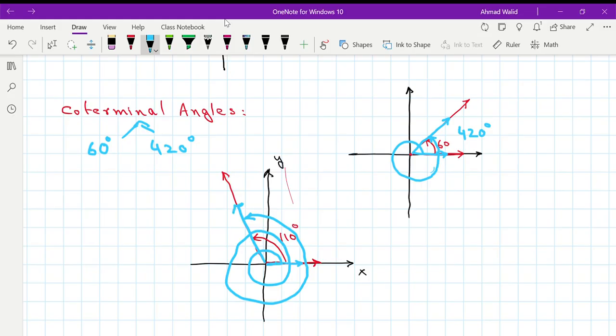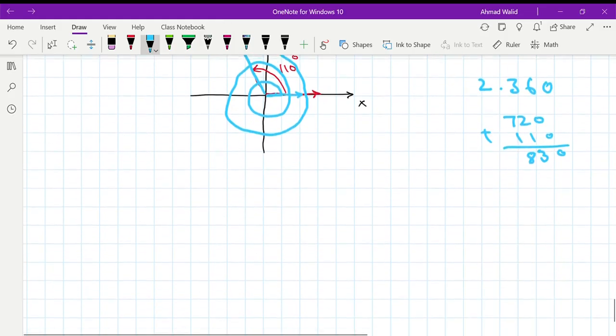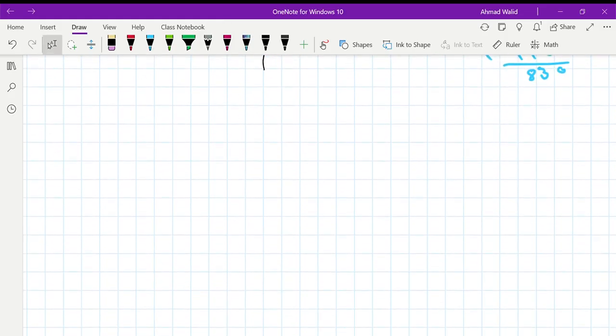You see, 1 round is 360, 2 rounds is another 360. It means 2 times 360, which gives me 720. And I did another 110. It gives me 830. Correct? Then I can say 110 degrees and 830 degrees, they are coterminal angles. Correct? This is how you know about the coterminal angles.